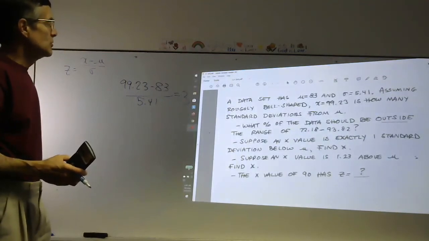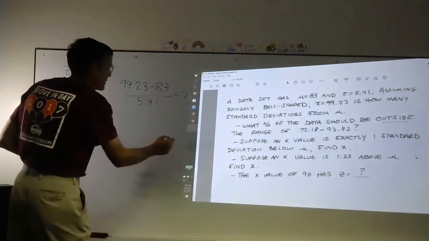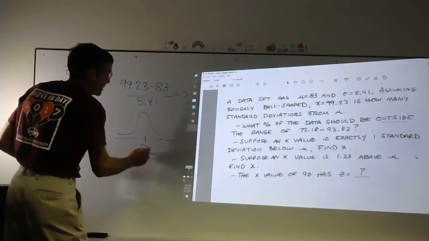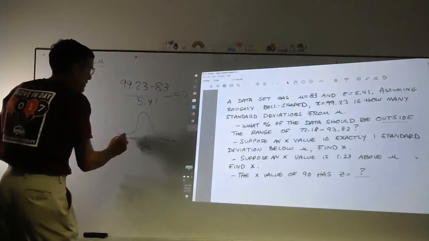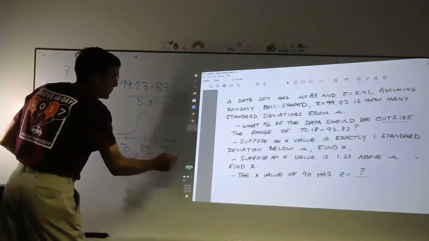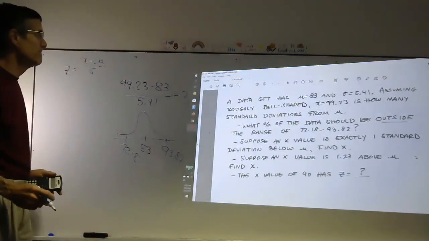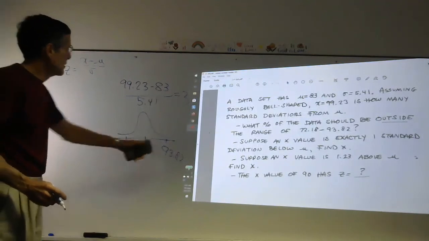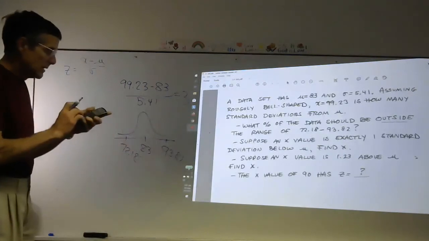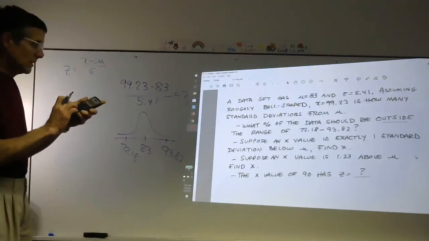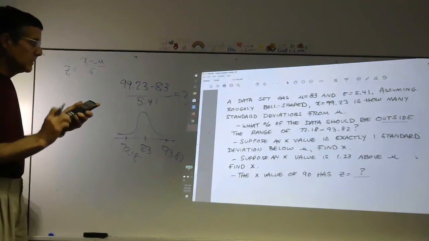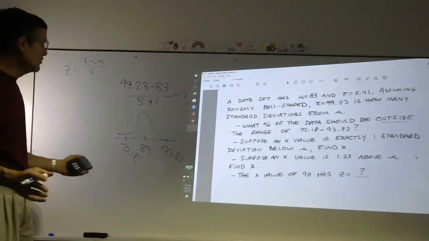What percent of the data should be outside of this range? Okay, let's talk about this. Here we are. The mean in the middle is 83. If I go from 72.18 up to 93.82, let's find out how many Z values that is away. 93.82 minus 83 divided by 5.41 equals, whoa, it's exactly 2.